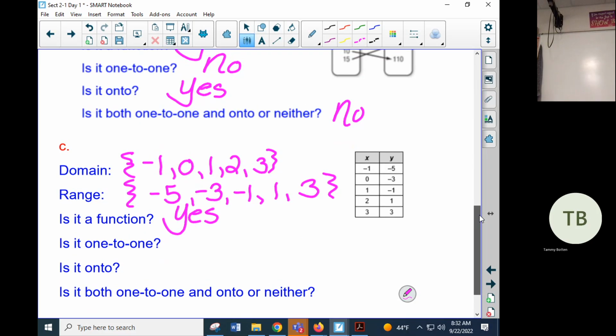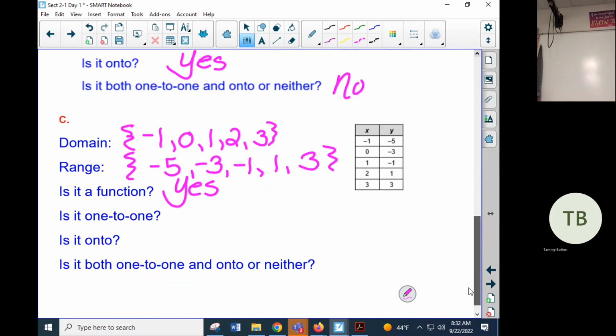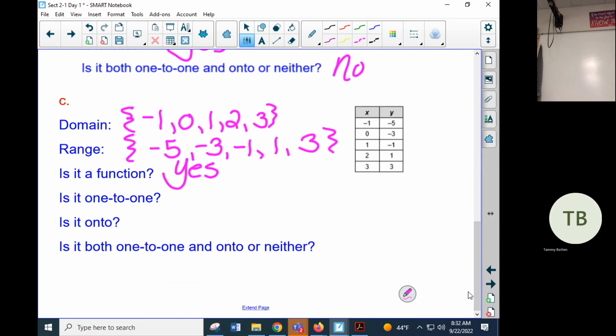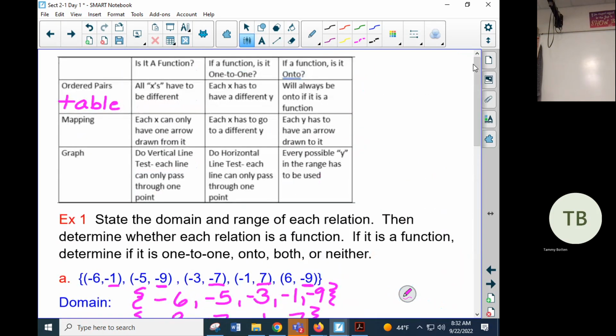Then for ordered pairs to be one-to-one, each X has to have a different Y, and these are all different. So yes, it is one-to-one. And then if you remember with ordered pairs, every ordered pair that is a function is always going to be onto.